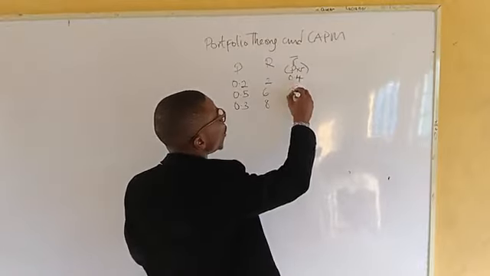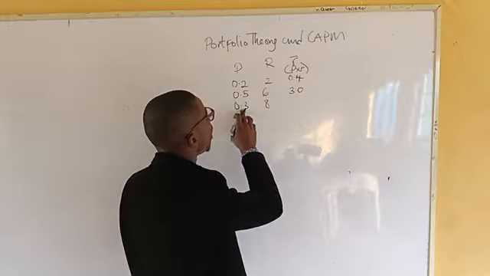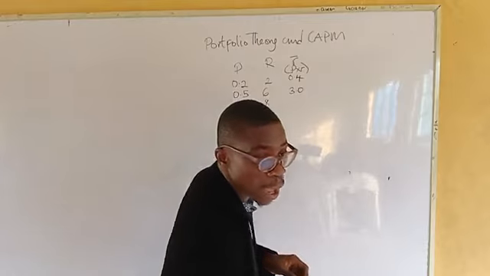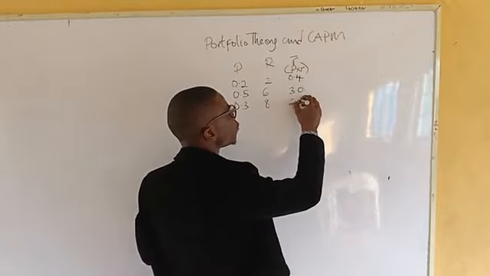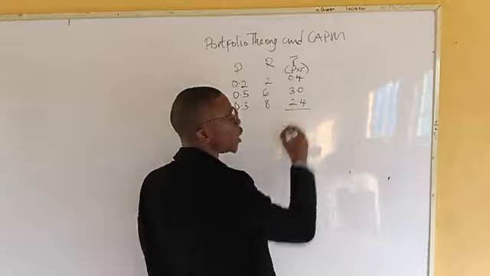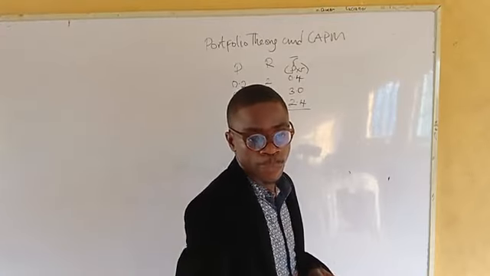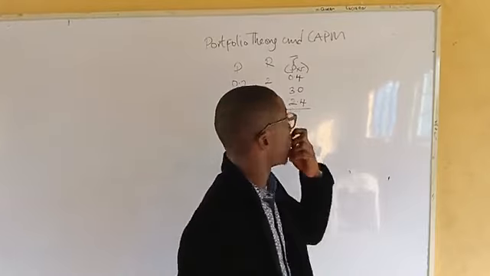That is 3. 0.3 times 8 is what? 2.4. So let's add it together. So what do you have?